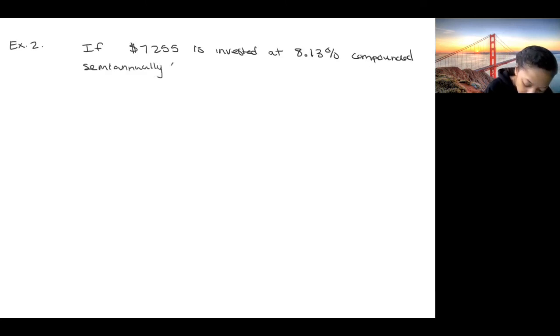That's twice a year, so n equals 2. All right. How long will it take to grow to $10,000?